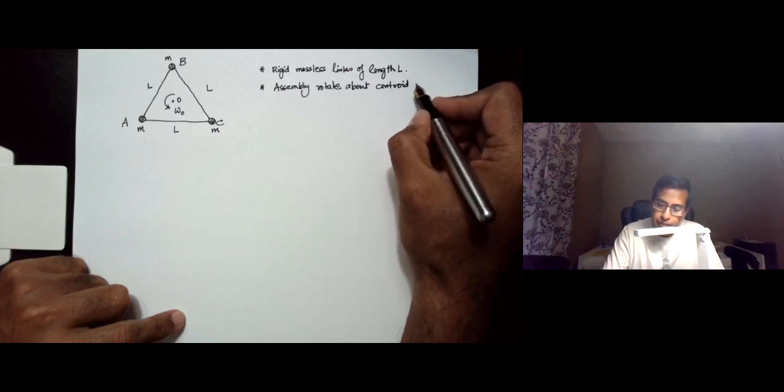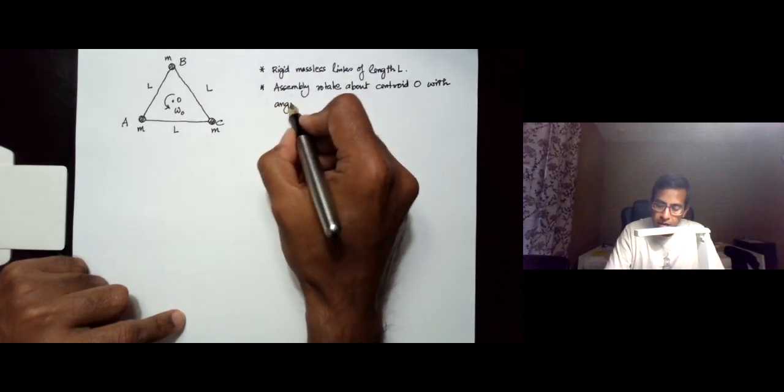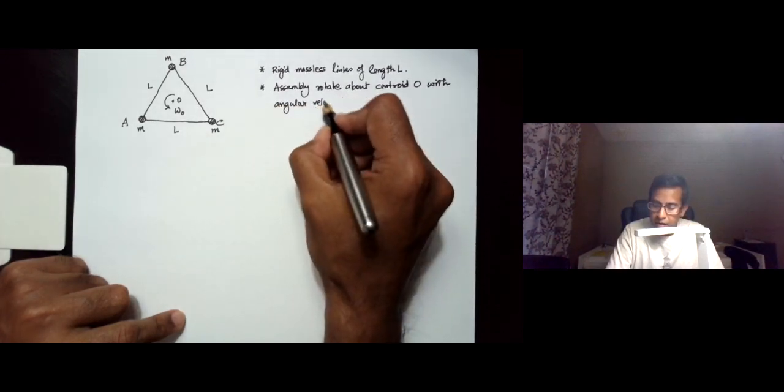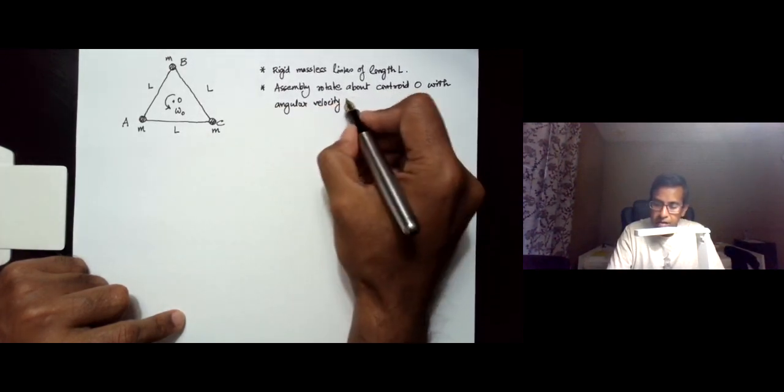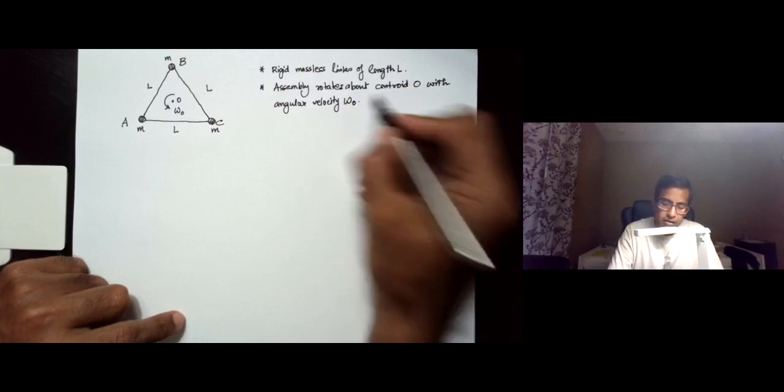Centroid O, with an angular velocity, assembly rotates with angular velocity omega naught.